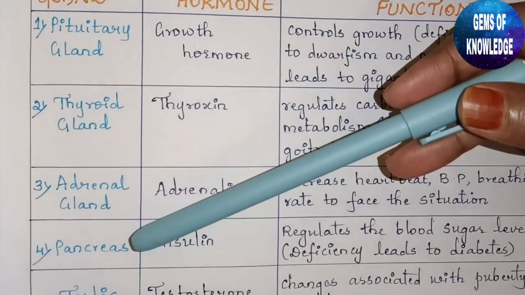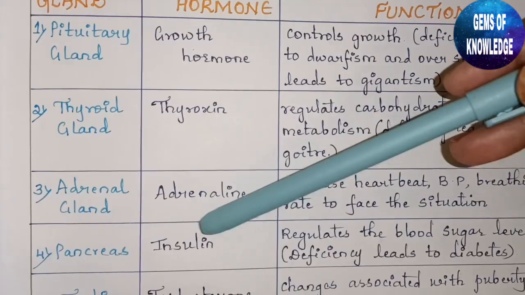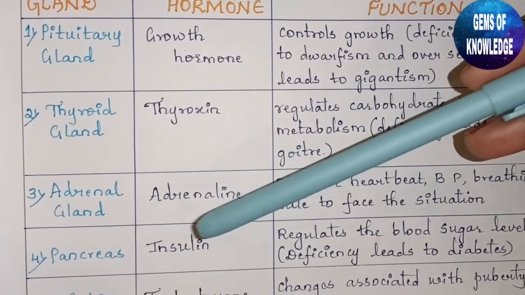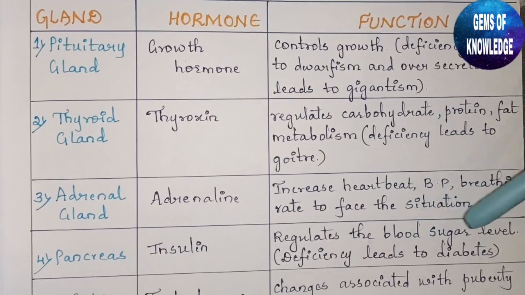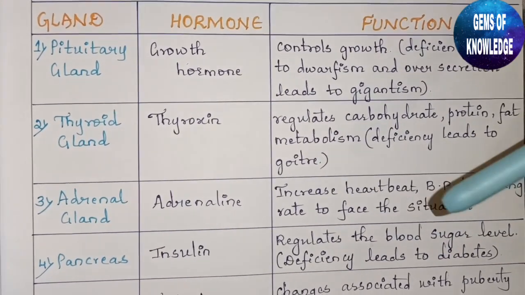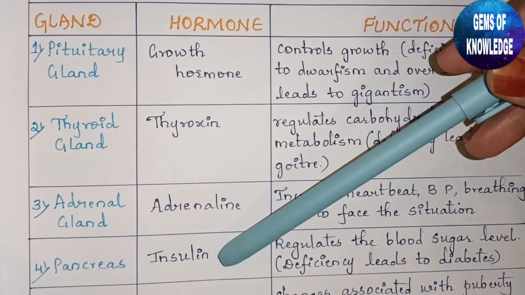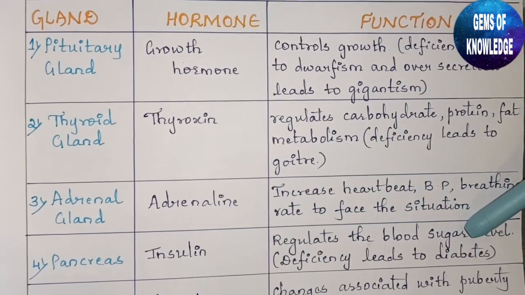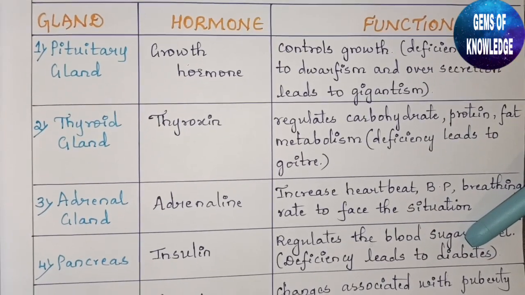Next is the pancreas. The pancreas secretes a hormone called insulin. What it does is regulate the blood sugar level. So the rising and lowering of blood sugar is due to this insulin. If this is less in our body, the deficiency leads to a disease called diabetes.